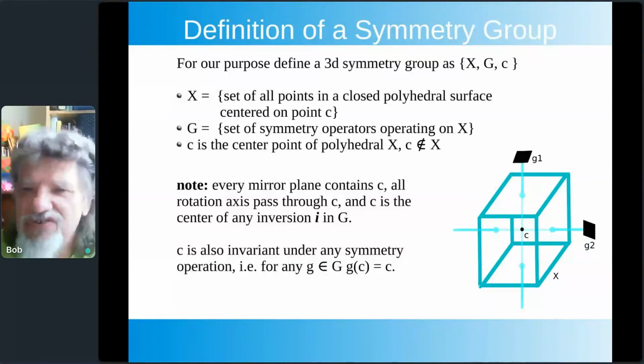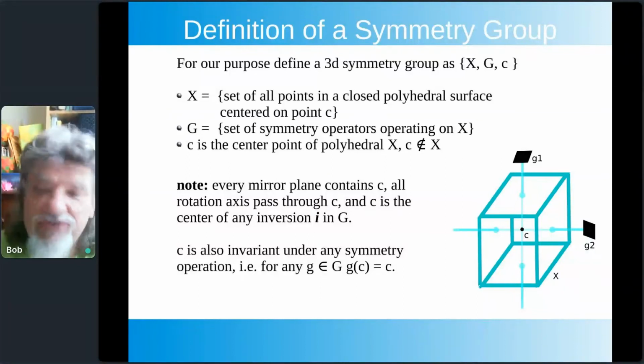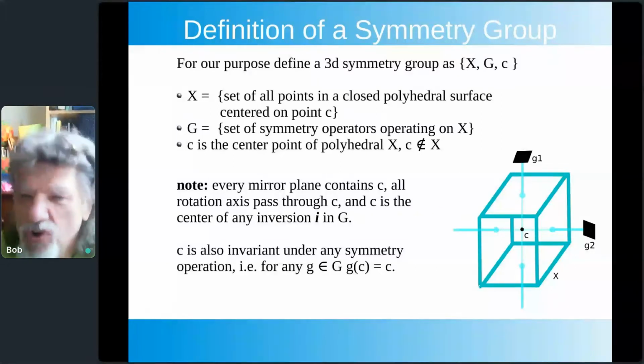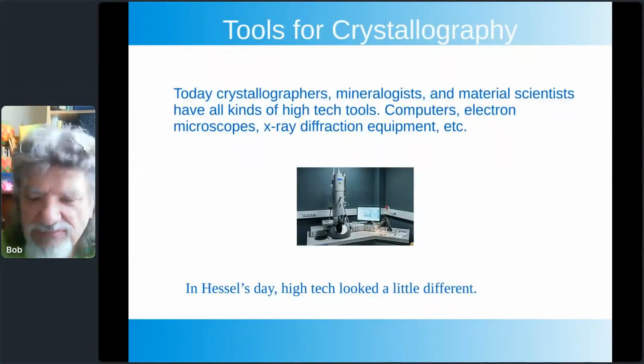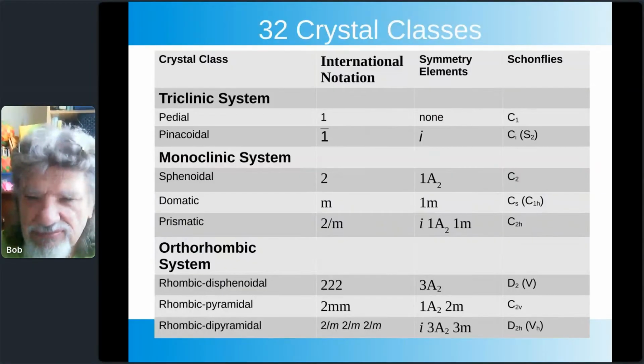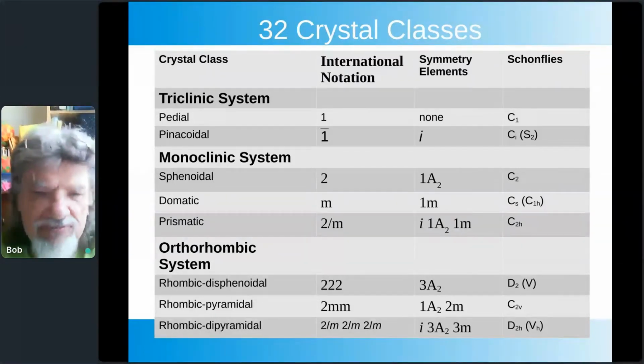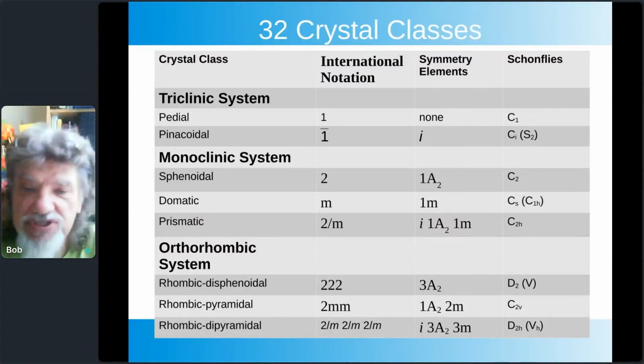If these were twofold axes, this would be an orthorhombic box, just with each of these faces, the top, the side, and the front, being rectangles of different sizes. And so you can play around with twofold axes and mirror planes for the orthorhombic, and these are all groups.